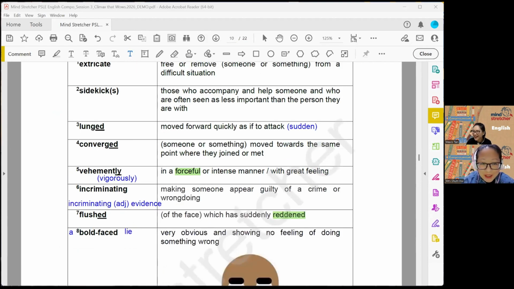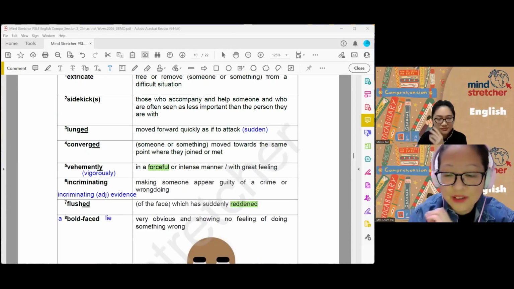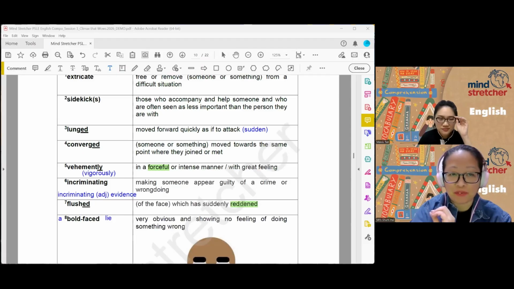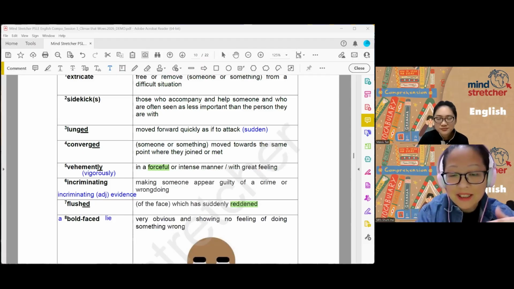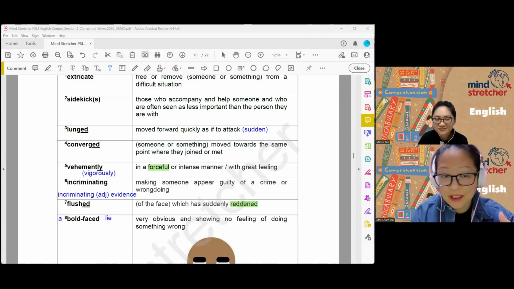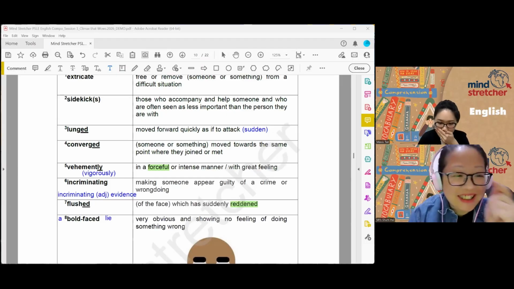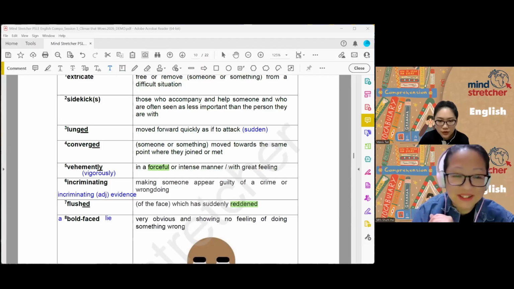You see, like vehemently, number 5, for example, I say Mavis protested vehemently when her teacher accused her of dirtying the floor. If your sentence starts with much vehemence, comma, Mavis protested. So all these you need to know.